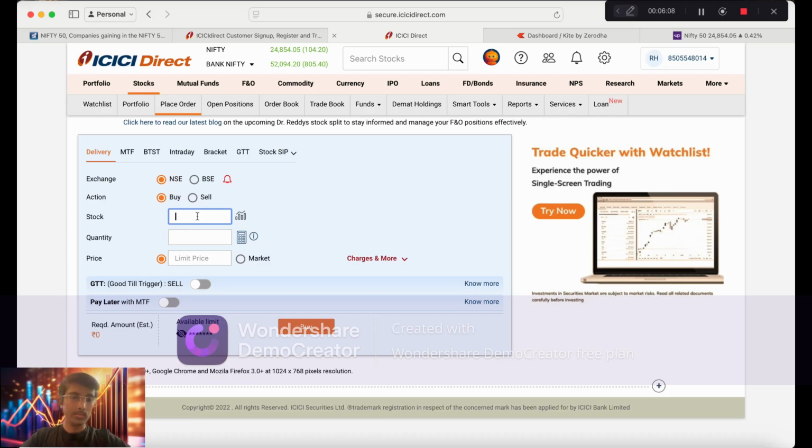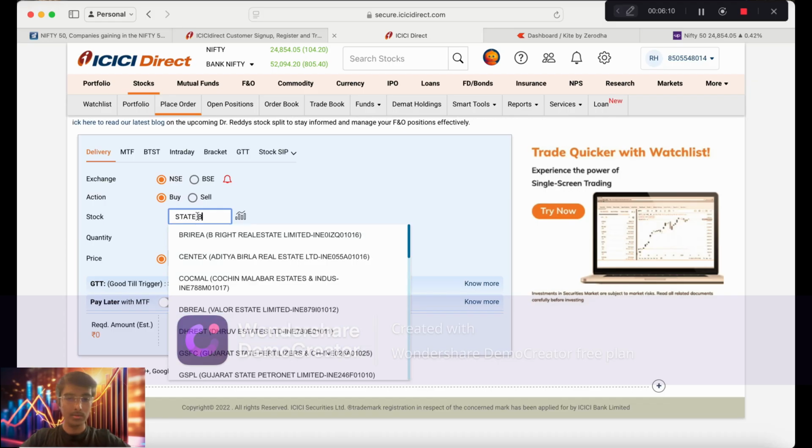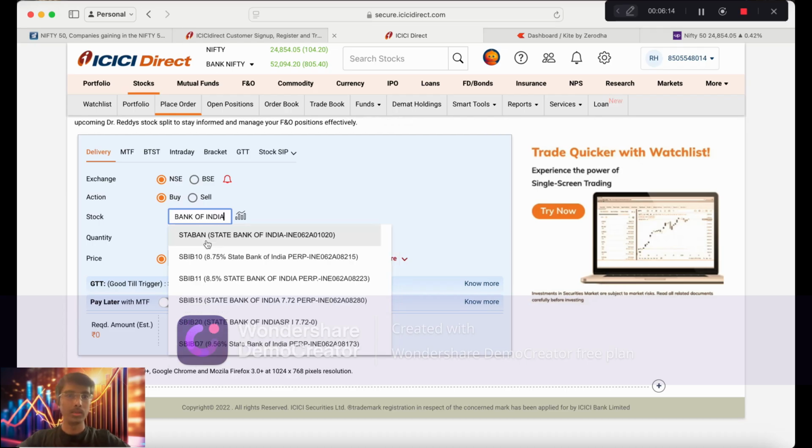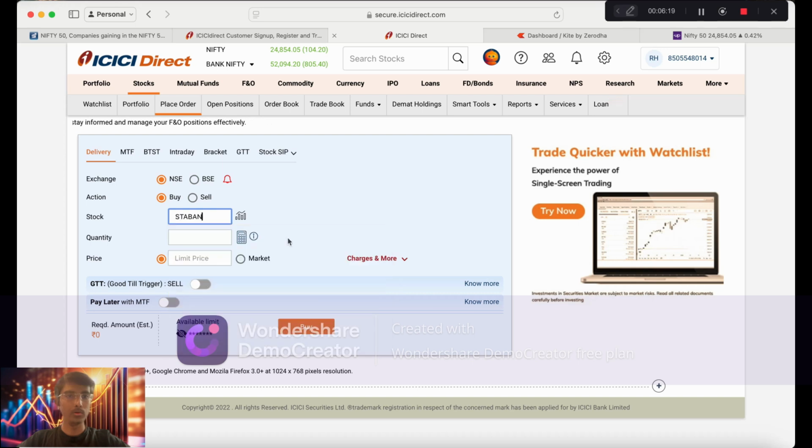Then you have to type State Bank of India. We have the option State Bank of India, just click. This is an equity stock. To buy one stock of State Bank of India, the previous day closing price is 820.40.